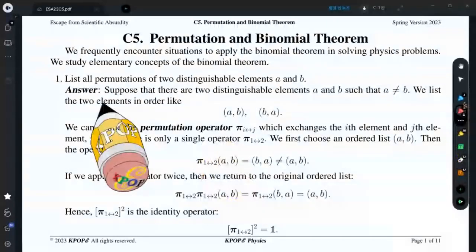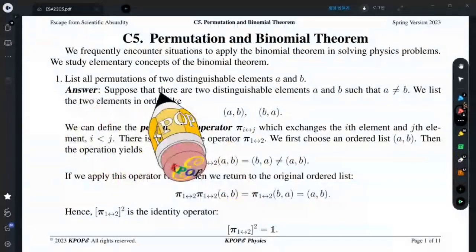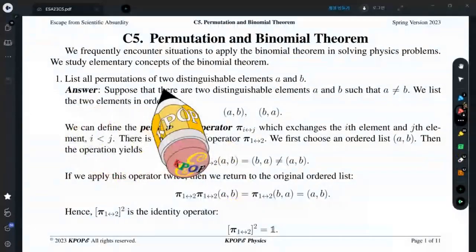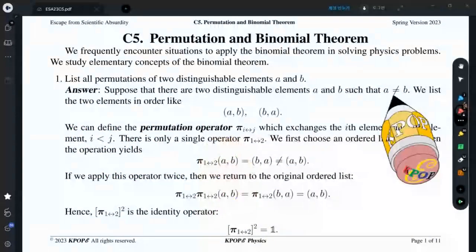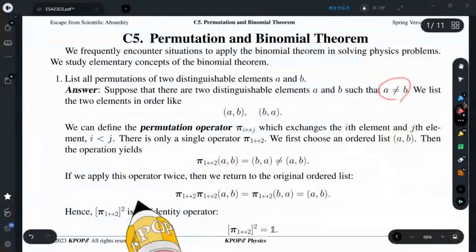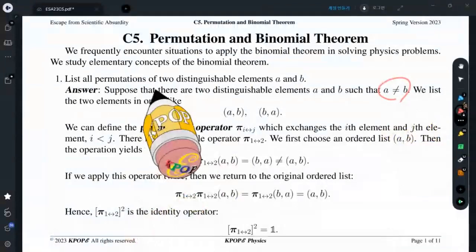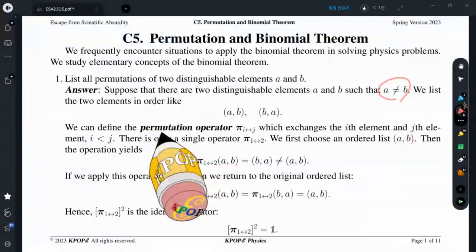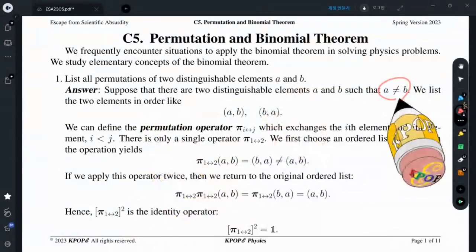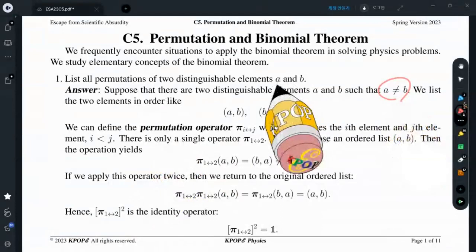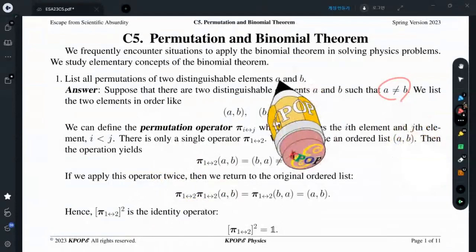List all permutations of two distinguishable elements A and B. Okay, A and B are different. And permutation is coming from a set, and either we repeat the same selection or not.